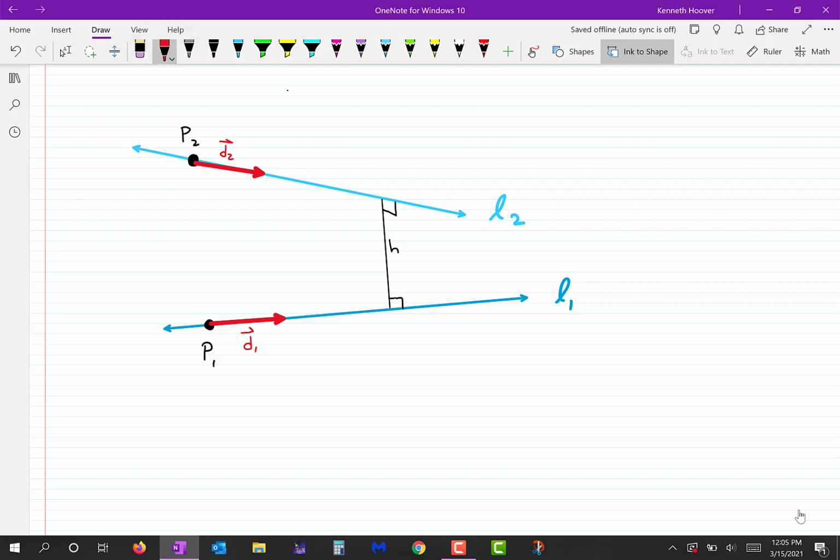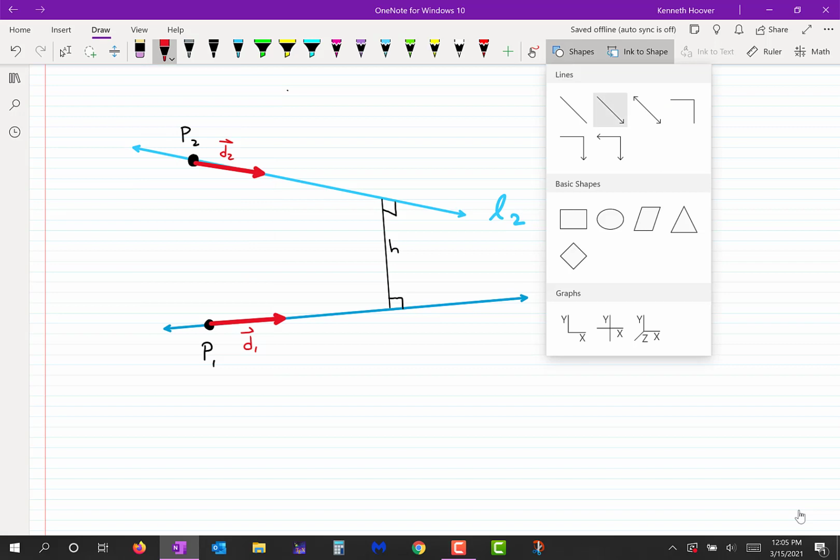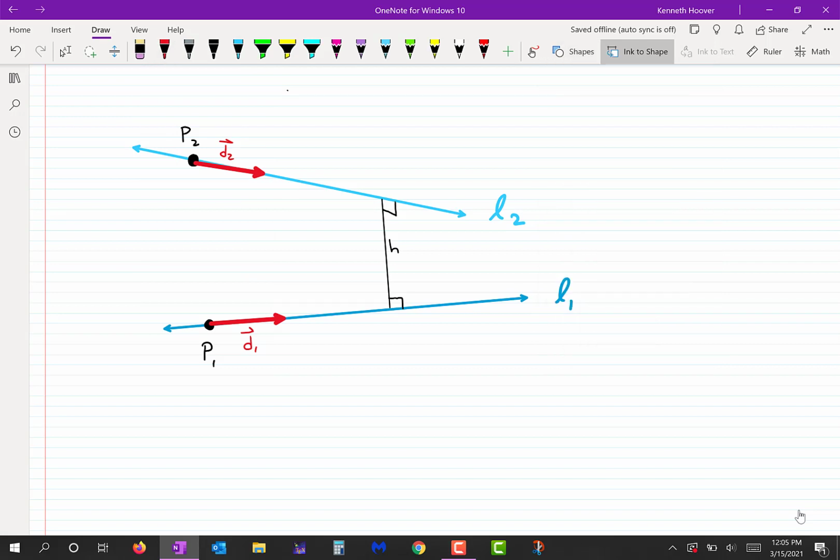Let me do this for you. We need to find a vector like that points along the direction of that black line segment.